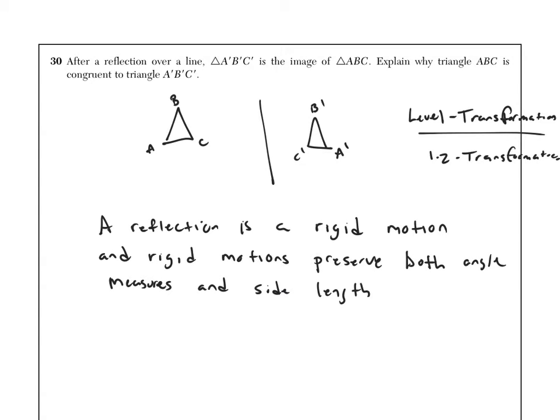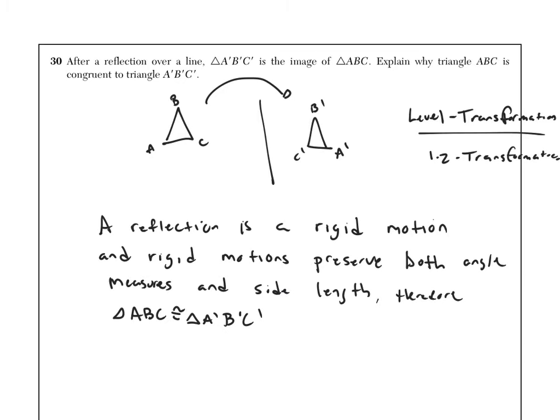So since angle measures and side lengths are preserved, we know under this transformation, well, nothing changed. It stayed exactly the same. So we'd say therefore, triangle ABC is congruent to triangle A prime, B prime, C prime.